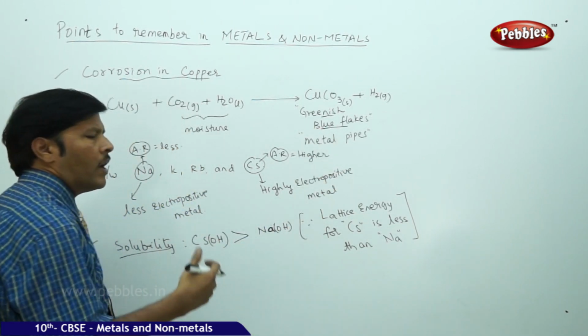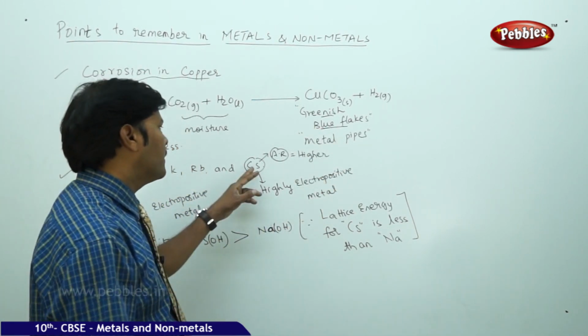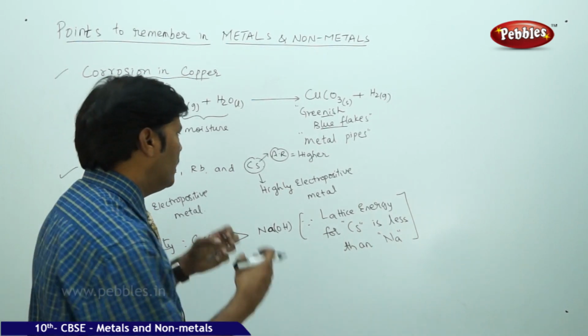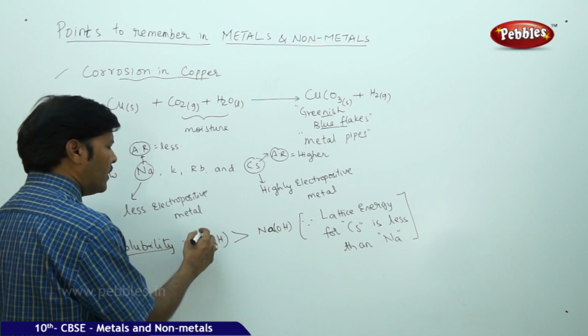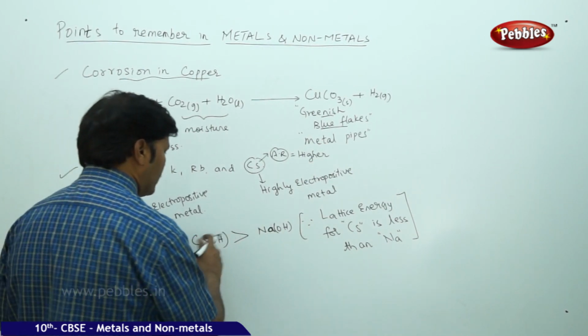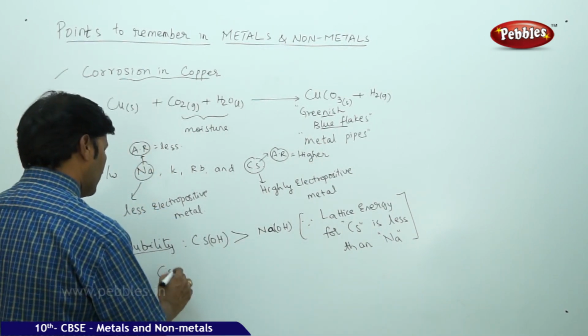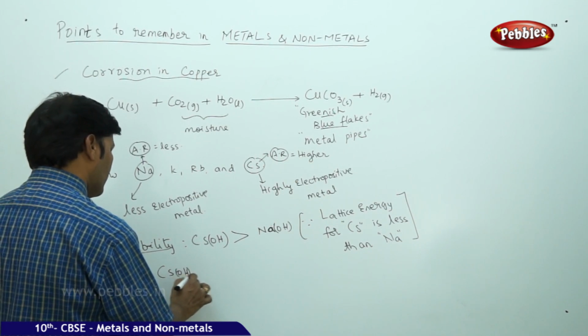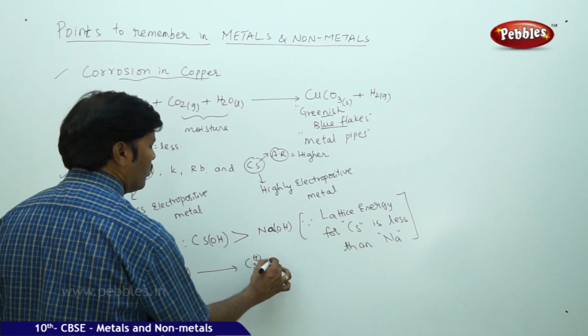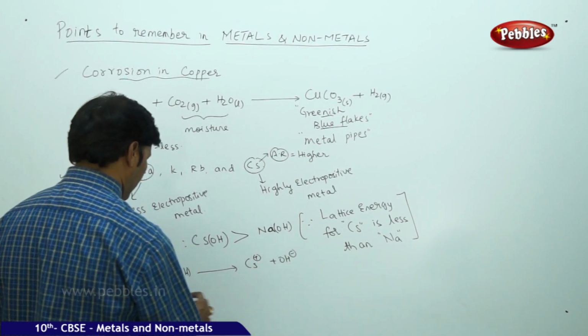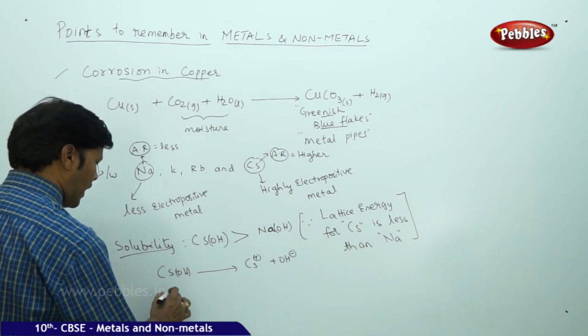Therefore the valence electrons present in cesium can be easily lost, and very little energy is enough to break the bonds in cesium hydroxide compared to sodium hydroxide. That is, the cesium ion can be formed most readily compared to the sodium cation.